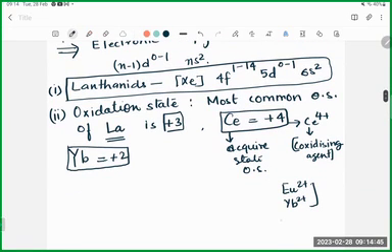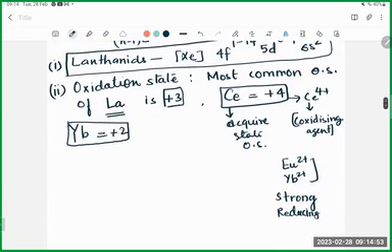They are good, strong reducing agents. Did you understand? So from the oxidation state we have these two properties: cerium acts as a strong oxidizing agent, whereas yttrium and europium act as strong reducing agents.